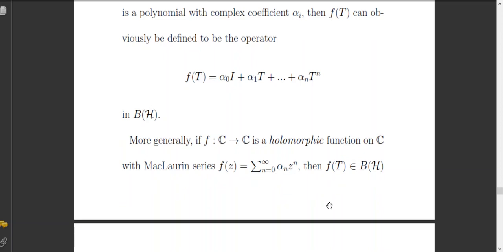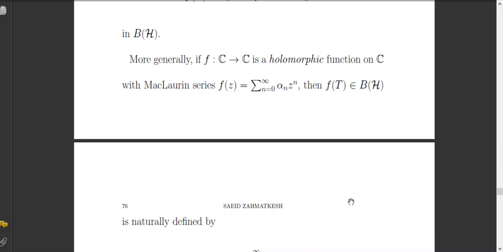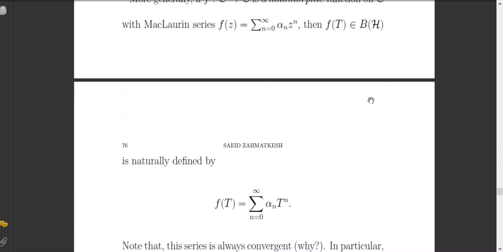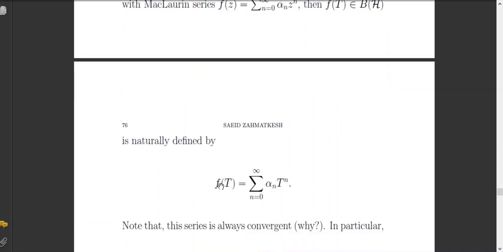Now how can we define f of T to be an operator, using f? This is our function. How can we define f of T to be a bounded linear operator on H? I said in this case we can define f of T to be this sigma alpha n T^n.